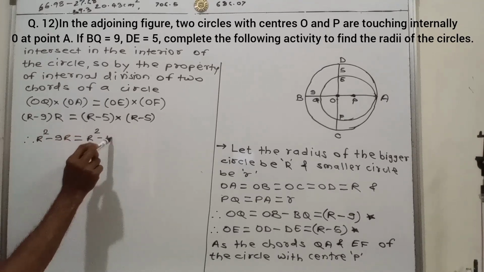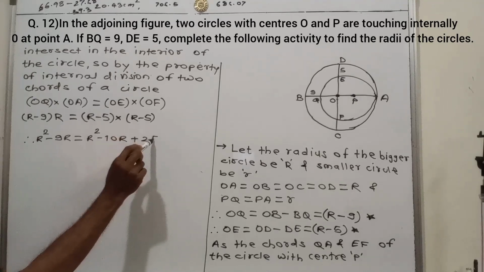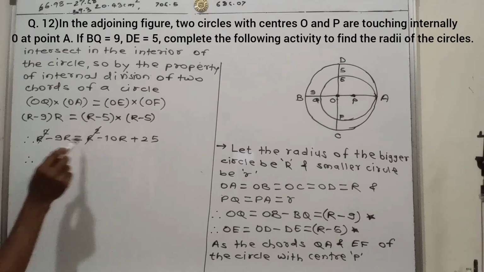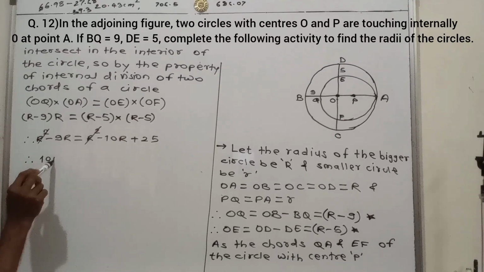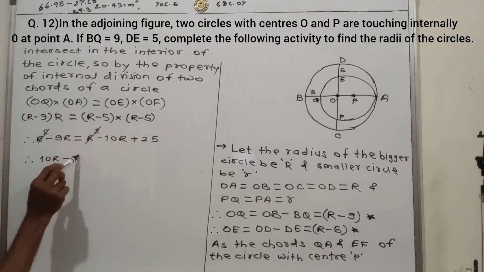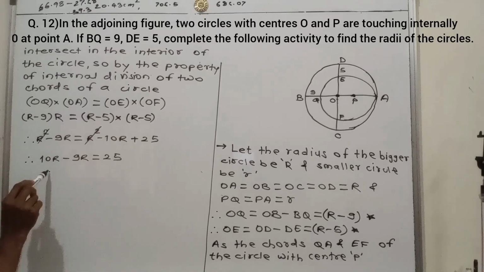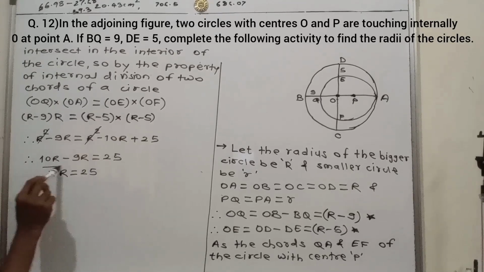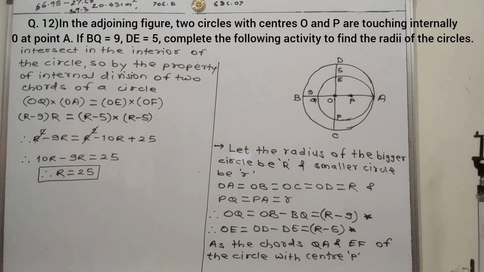R square minus 10R plus 25. R square cancel. We take, these are like terms, no? So we take this to the left side. Minus becomes plus. Therefore, capital R is equal to 25. Means radius of bigger circle is equal to 25.